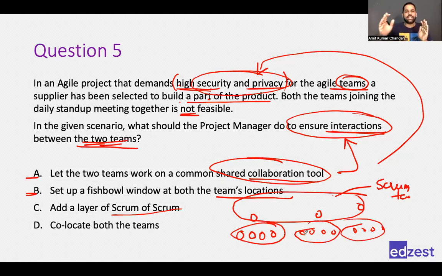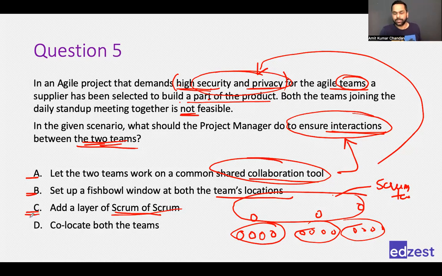Typically done to scale the Scrum framework. Typically done to ensure that if you're doing a very major or large project and you want to maintain that agile way of working, you still form small teams, but you have more number of teams. Right? That is what is called Scrum of Scrums. Can we do that? Will it help?